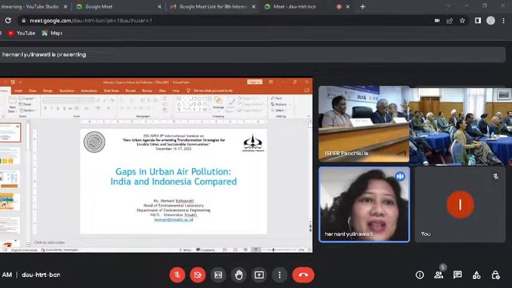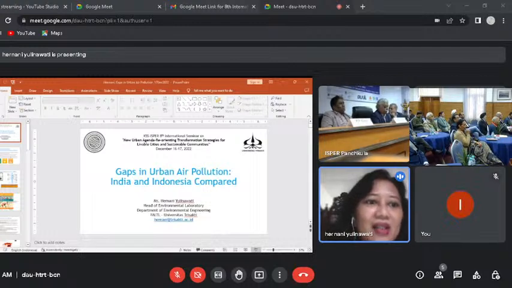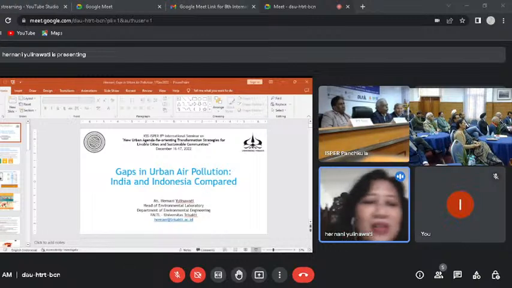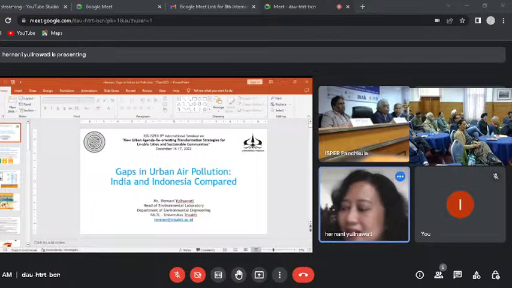Gaps in urban air pollution is actually a comparison between India and Indonesia. Air pollution related Sustainable Development Goals indicators are in SDG 3, about mortality from air pollution, SDG 7, access to clean fuels and technologies, and SDG 11, sustainable cities and communities. Professor Krishna Dutta earlier also mentioned these SDGs and air pollution.